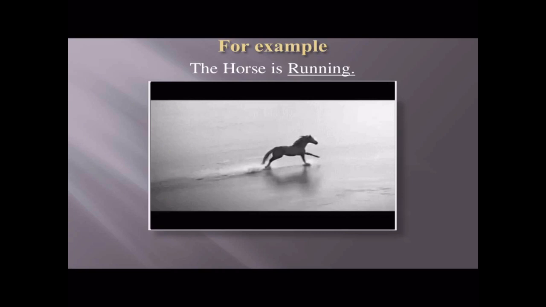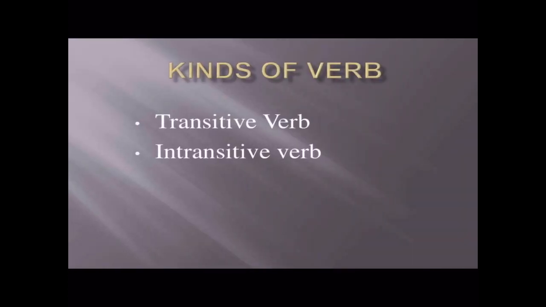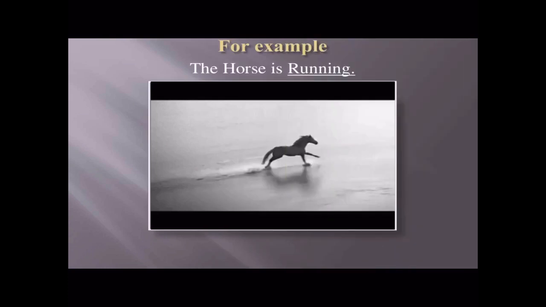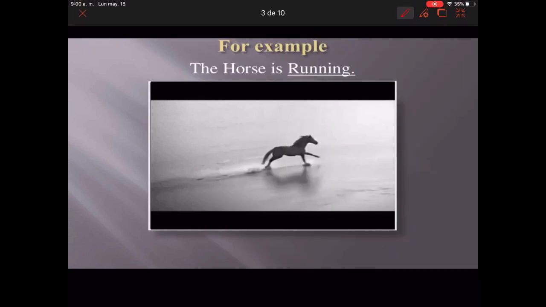If you see, we have two verbs. Number one, a transitive verb, and also we have intransitive verbs. If we go back to the sentence, we are about to see this.